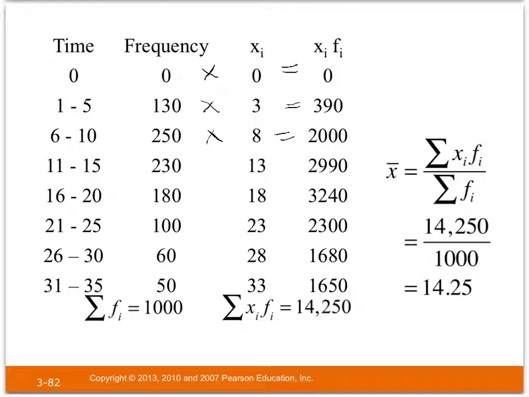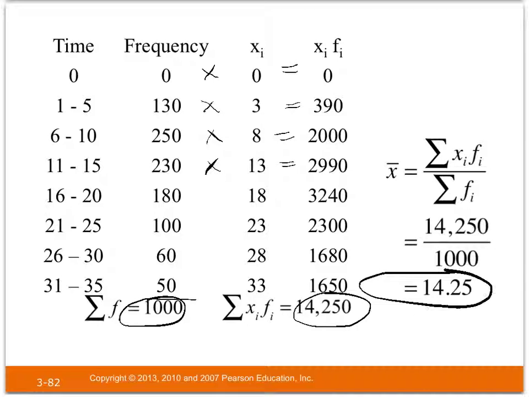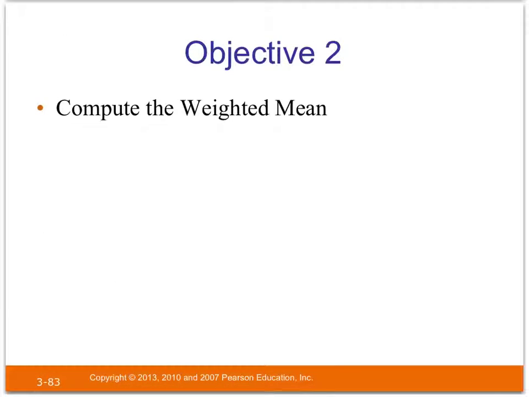And we're just going to multiply these all up. And then we're going to add the results, okay? And that's the thing that's going to go on top. And then we add all the frequencies, and that's the thing that's going to go on the bottom. And our final x bar is going to equal 14.25. Okay? Now remember, this is just an approximation, but we can still get a really good idea of what's going on even though we don't have access to the raw data.